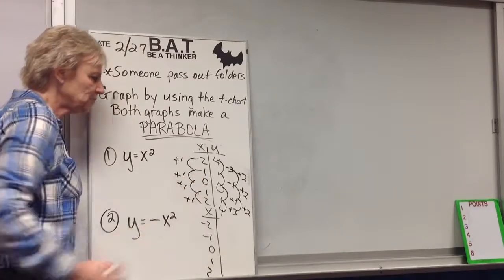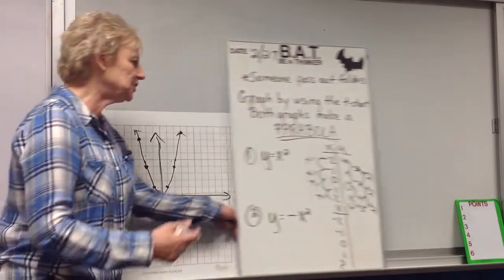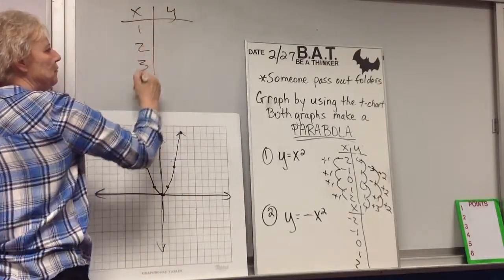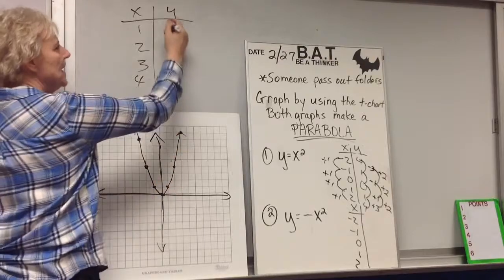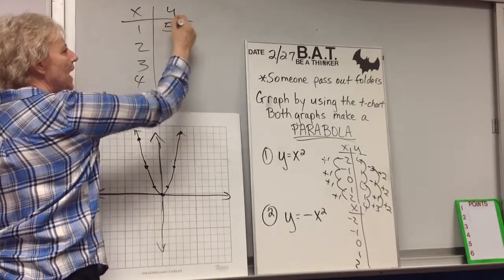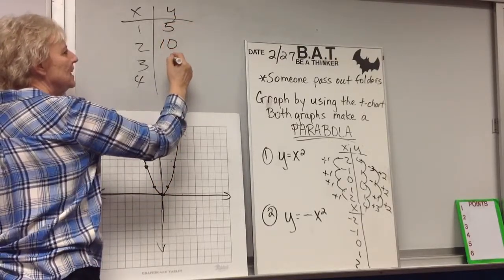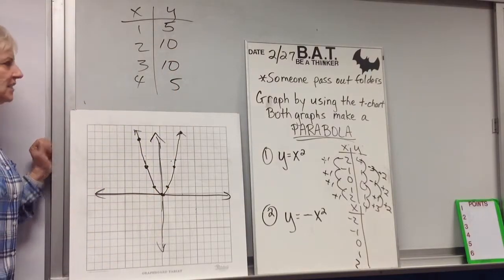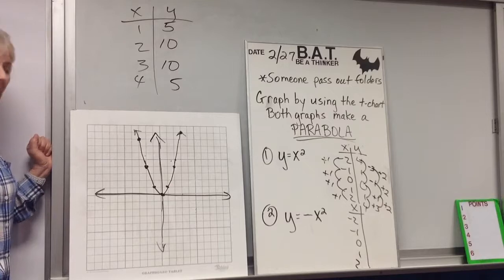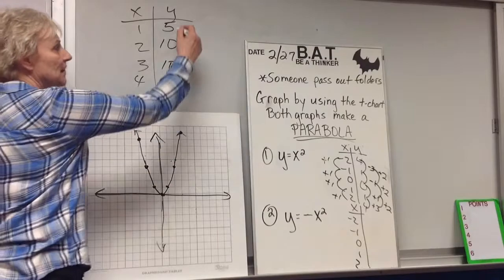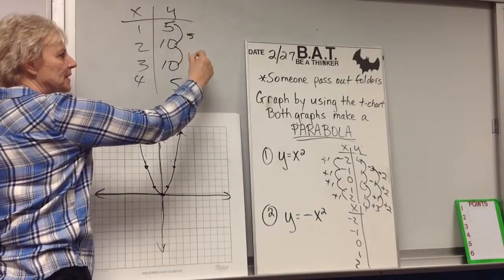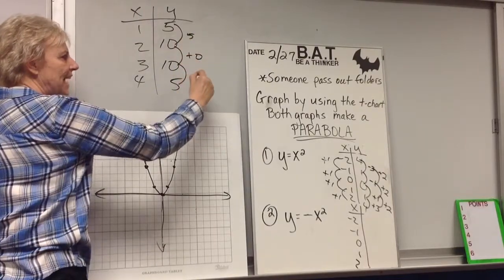Someone asked me last period, can't you just tell, for example, 1, 2, 3, 4, and then it was 5, 10, 10, 5. He said, well, there's a pattern there. It must be quadratic. I said, no. This goes up 5, up nothing, down 5.